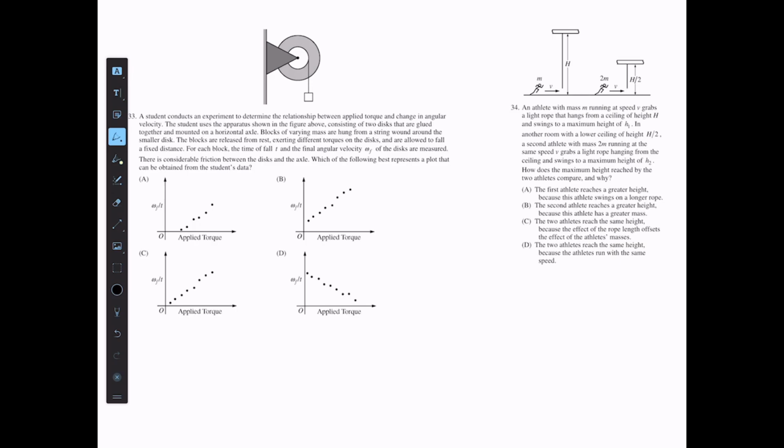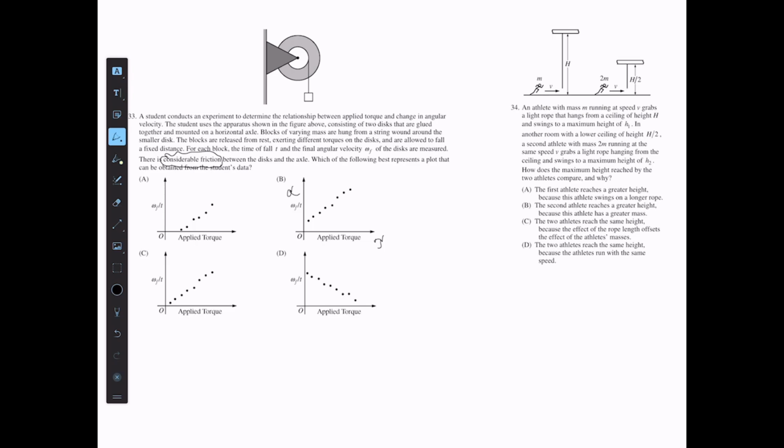There is considerable friction between the disc and the axle. Which of the following represents a plot that can be obtained? So applied torque and final angular velocity over time. Initial angular velocity was 0, so this is just angular acceleration.